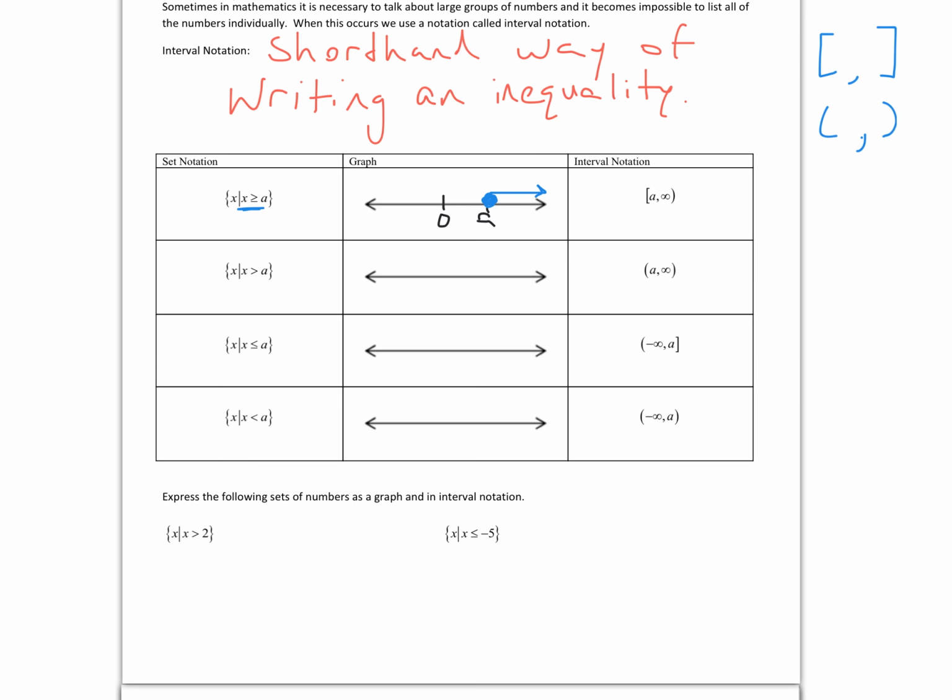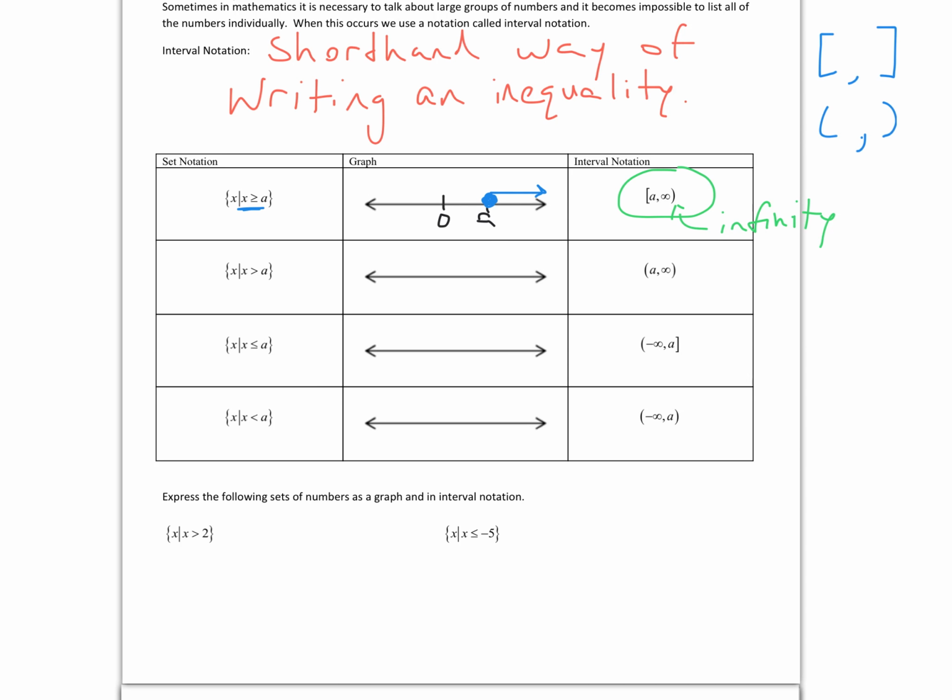And because we're including A and it's everything to the right, this is interval notation. It's whatever number A is, comma, infinity. That's the infinity sign. You notice we have a closed bracket because we included A. We have an open parenthesis with the infinity at all times.